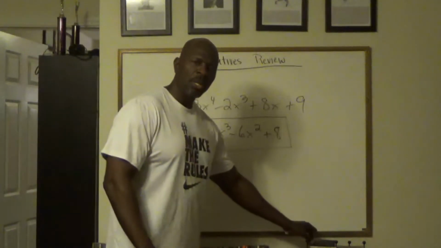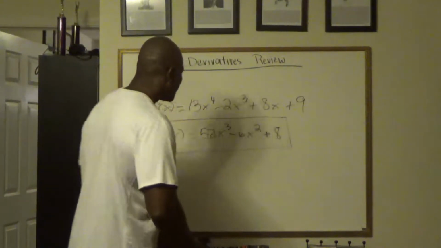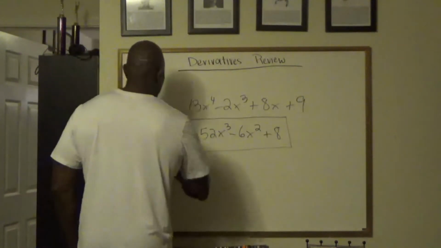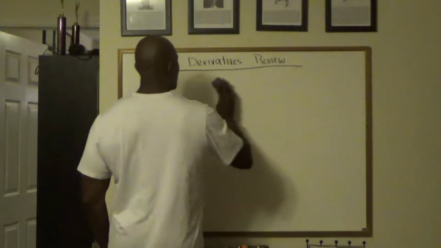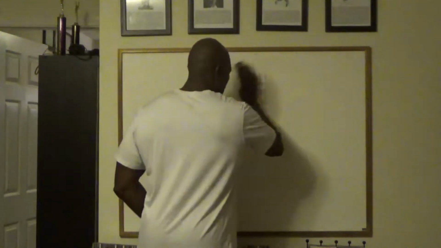So what about integration? Now, just as we twinkled our toe in the pool of differentiation or finding derivatives, we're also going to twinkle our toe in the massive pool. I'm talking about massive, the massive pool of integration.